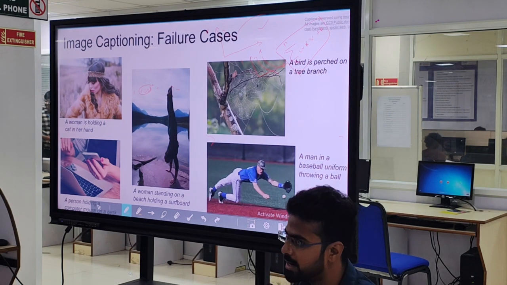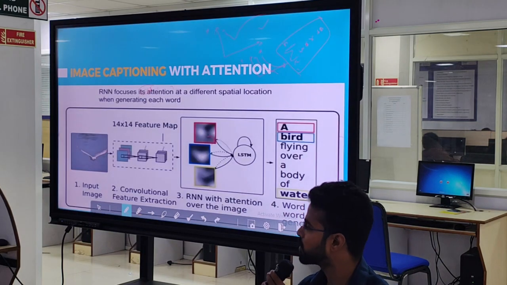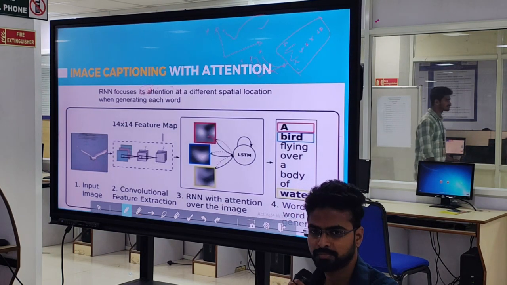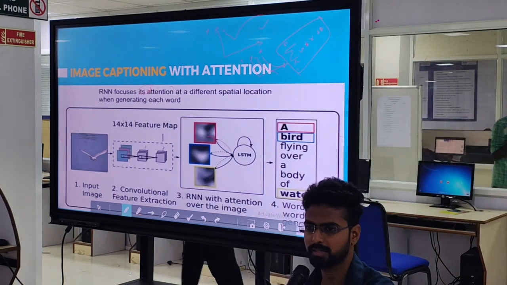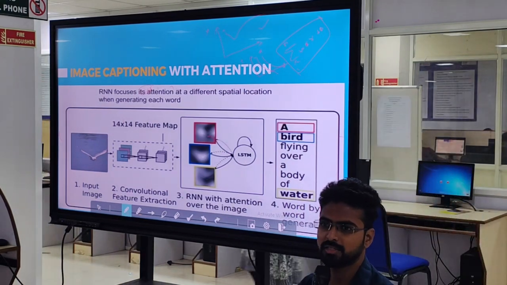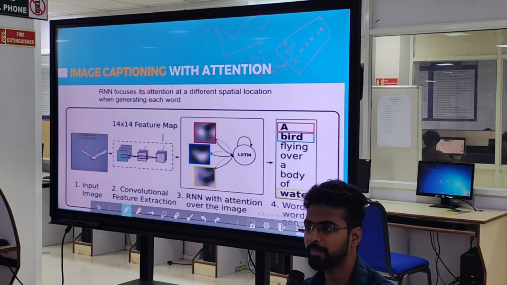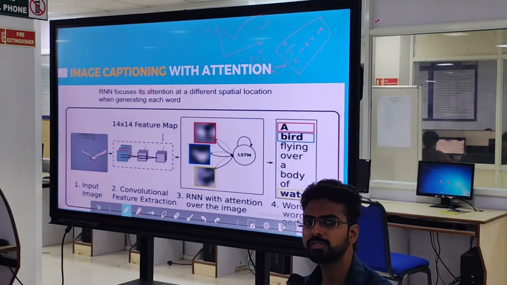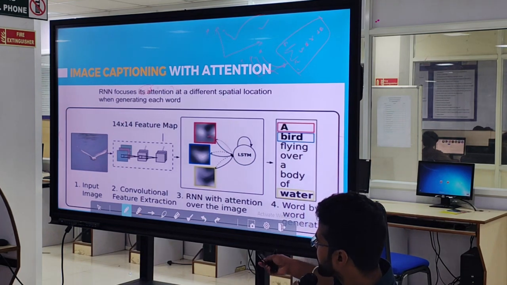In order to handle these failure cases, this is where we brought the concept called attention mechanism. This is where they brought the attention mechanism on top of images, but Google used this same attention mechanism on text classification and text generation areas. So what is the attention mechanism they have used?